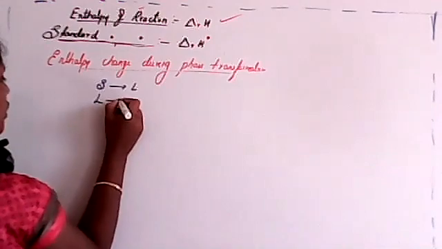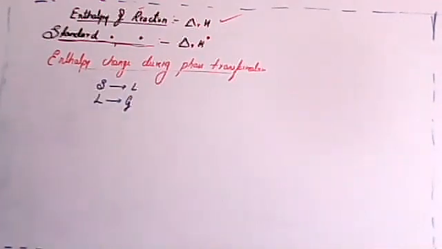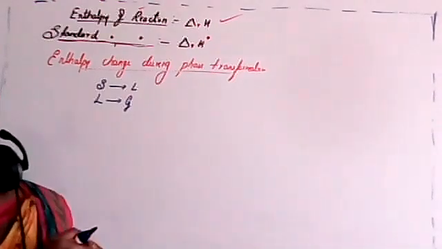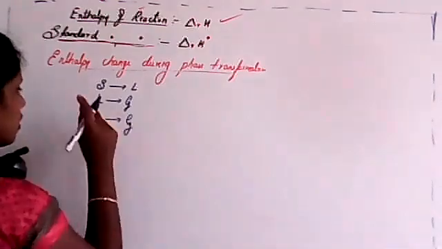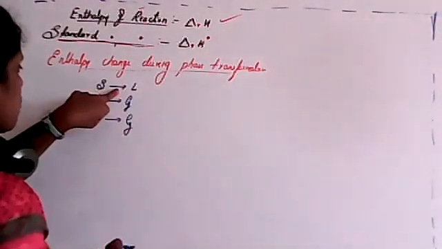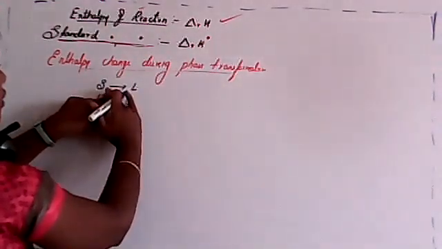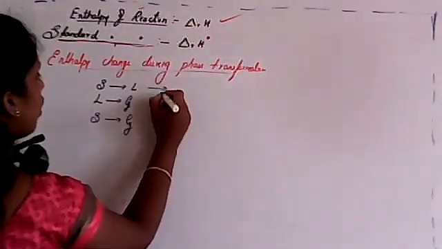Next, liquid to gas, isn't it? Next one, if I consider direct from solid to gas. What about the first one? If the substance converts from solid to liquid, what is it?